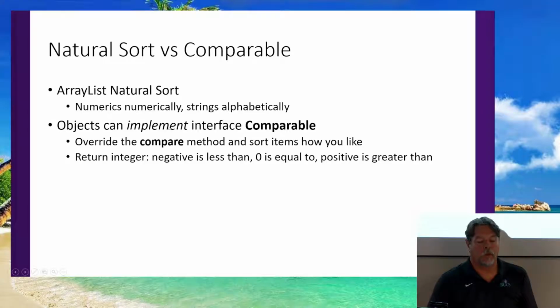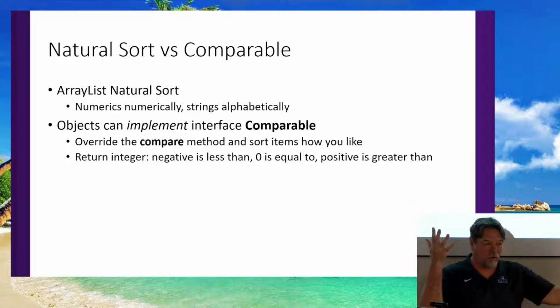Okay, so when we implement this Comparable interface, we have to implement the compare method inside there. So you have these two instances of a customer object. Which one is greater than, which one is less than? Well, I don't know. I assume we're not going to use the memory addresses of them. That wouldn't make any sense. Are we going to use the customer ID, and whichever one has the newer customer ID is the greater one?